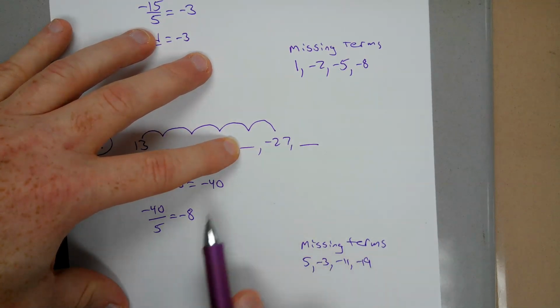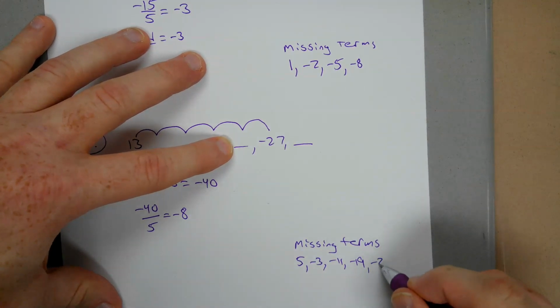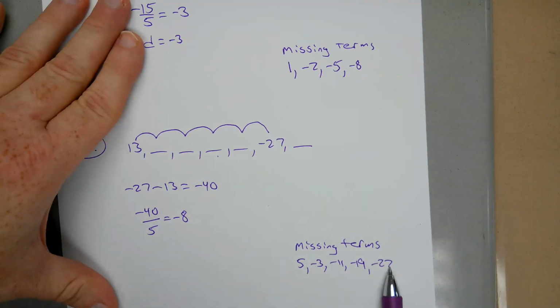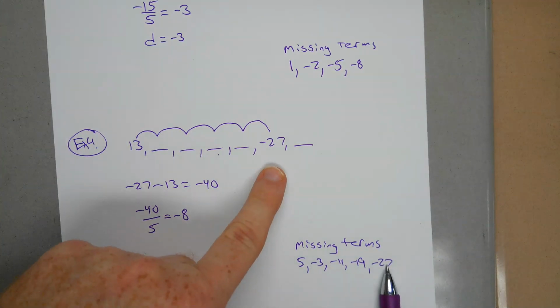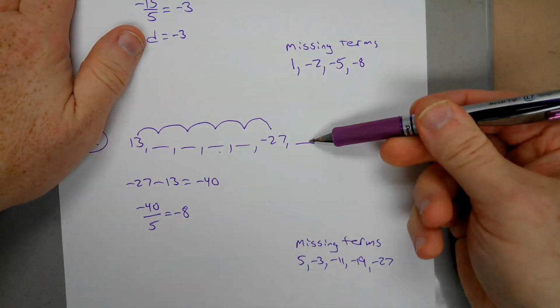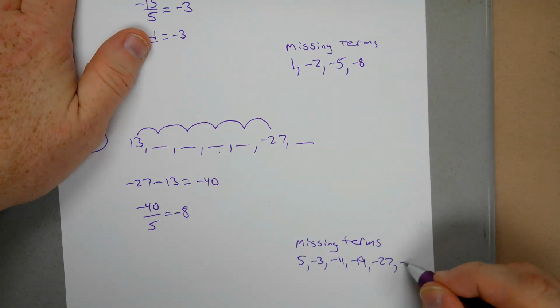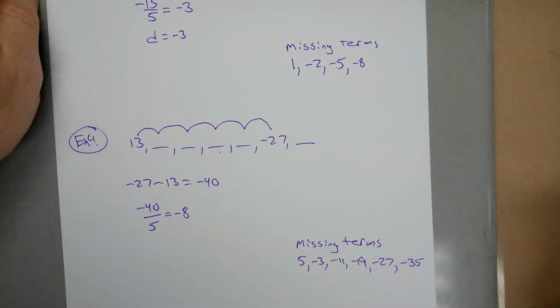Negative 19 plus negative 8 is negative 27, which we know. And since we got to our negative 27, we know we're right. So now we do it one more time. Negative 27 plus negative 8 would be negative 35.